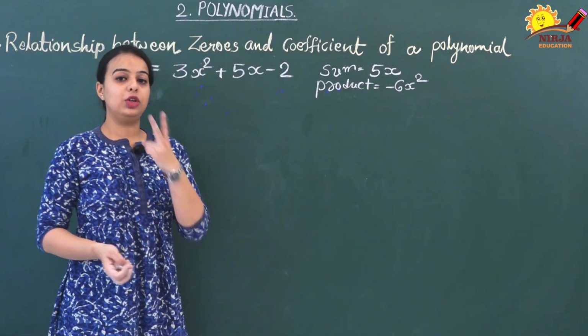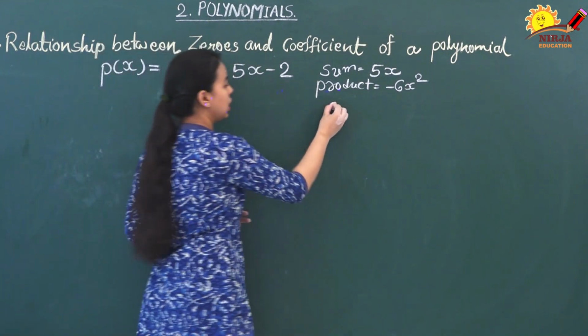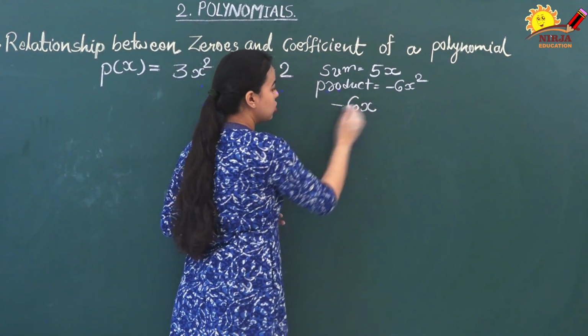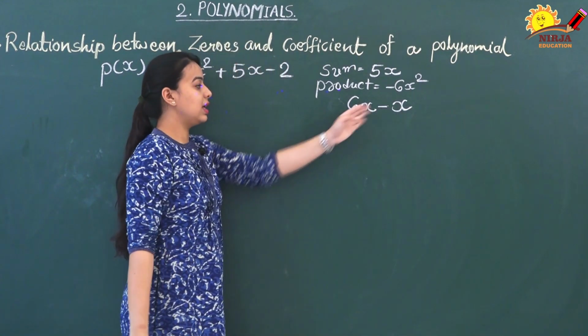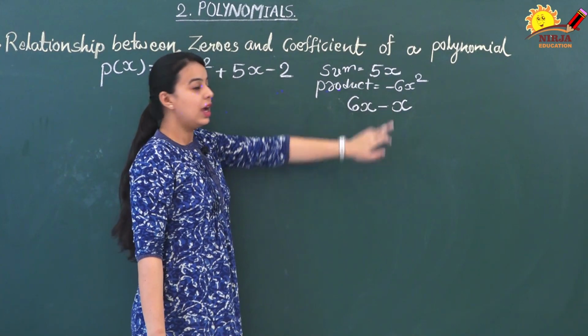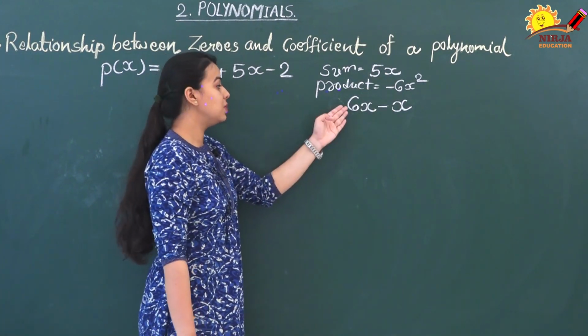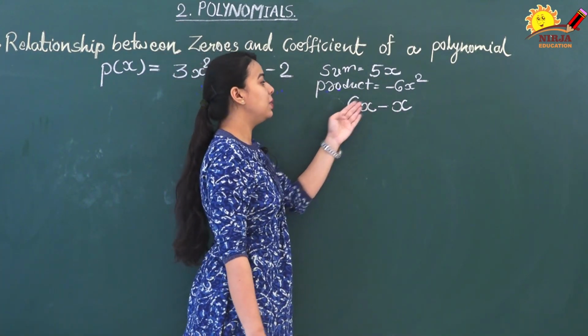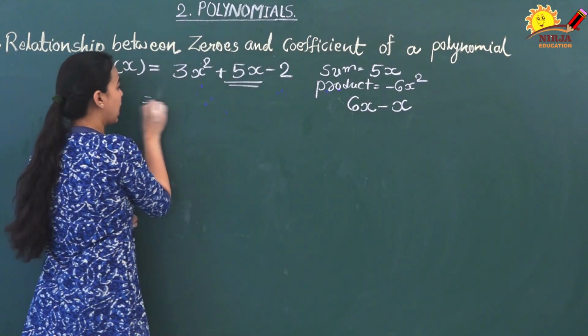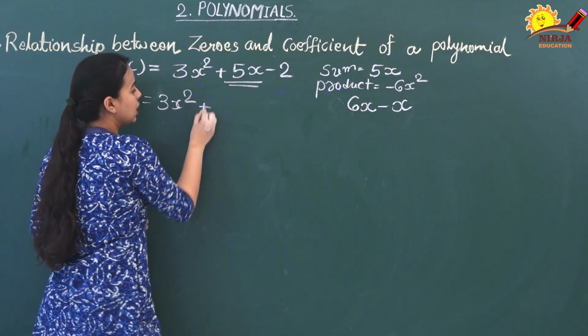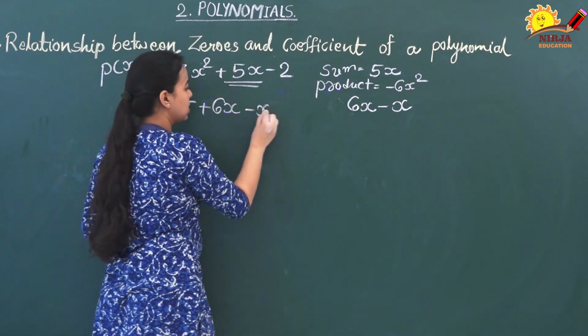Now let's find those two terms. If I take 6x and minus x, 6x minus x will be 5x, and if we multiply these two terms, 6x and minus x, it will be minus 6x square. So in place of 5x, we are going to write 6x minus x.